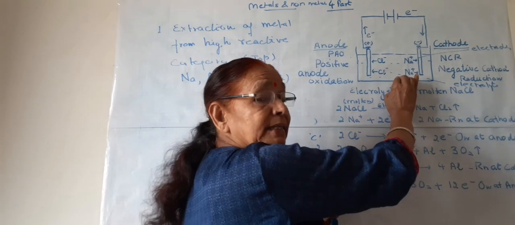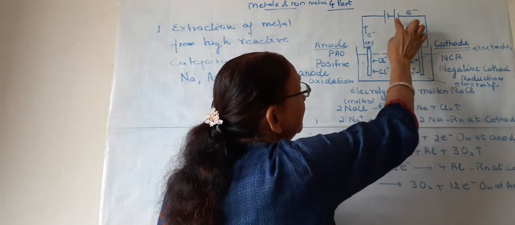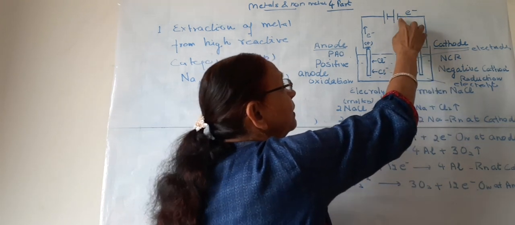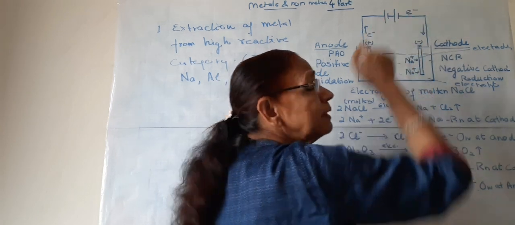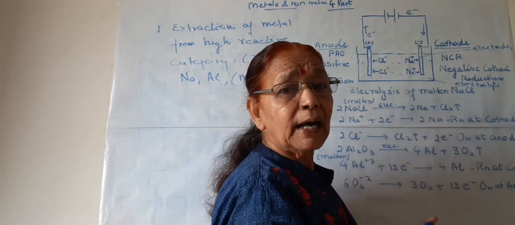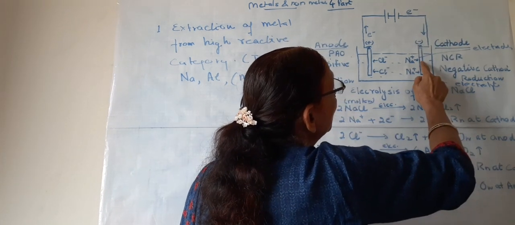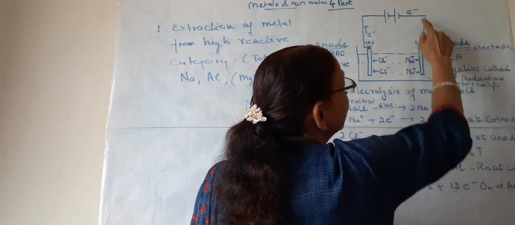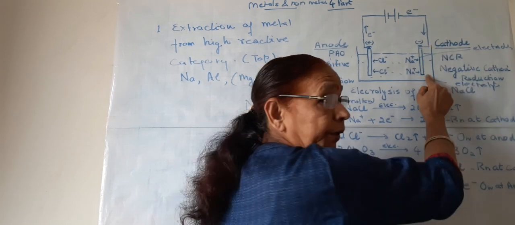So NaCl is taken in molten state. It is filled here when it is connected with battery. This is the negative end of the battery. From the negative end, these electrons are released. And these electrons will go on this side and they will come to this cathode.